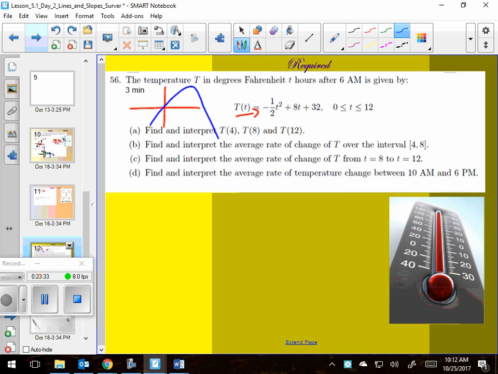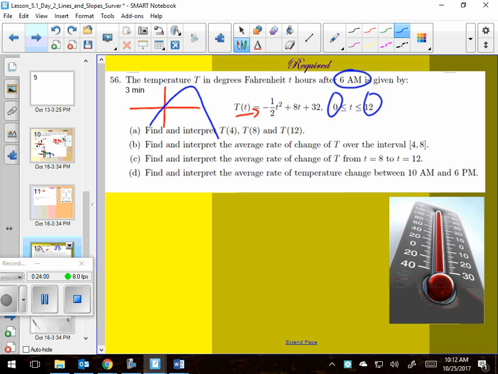Do you get that temperature goes up until it hits midday, and then temperature goes down again? You know what I'm saying? Okay, so then they're saying between 0 and 12, these are the hours after 6 a.m. So that basically means starting 0 hours after 6 a.m. and going to 12 hours after 6 a.m. That's basically during the daytime.